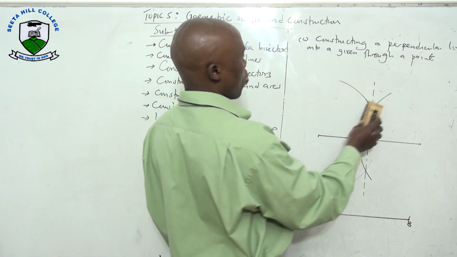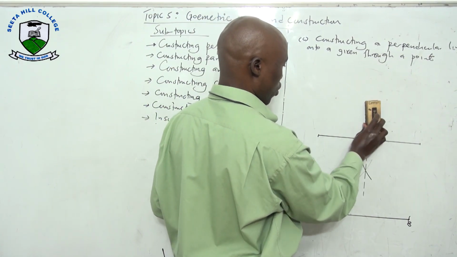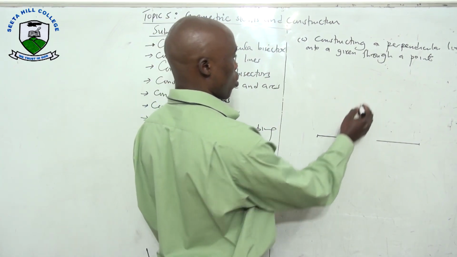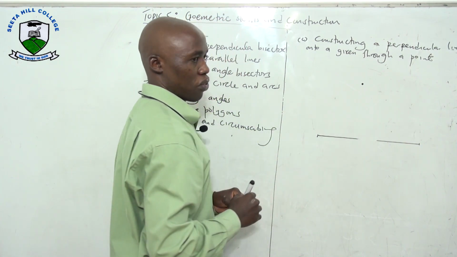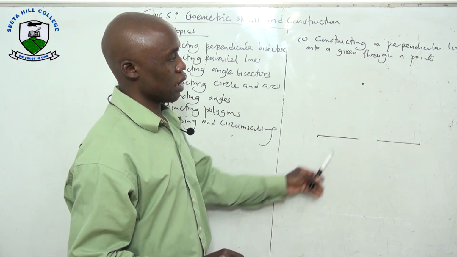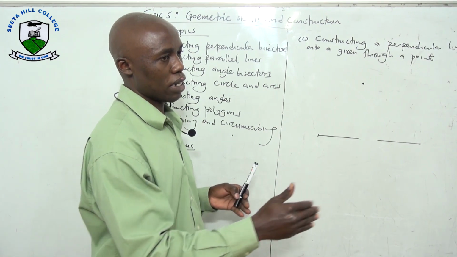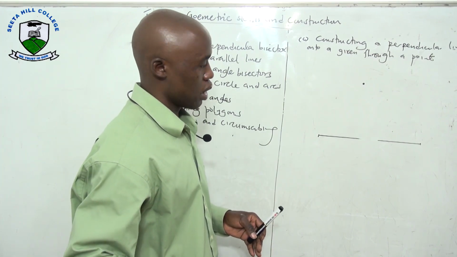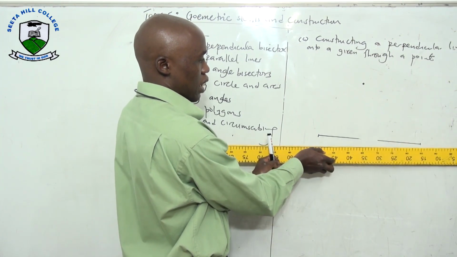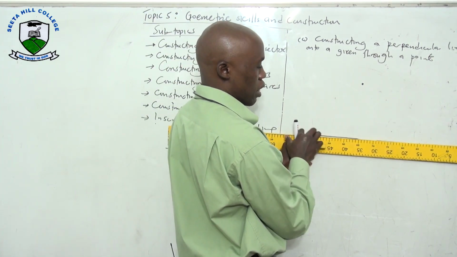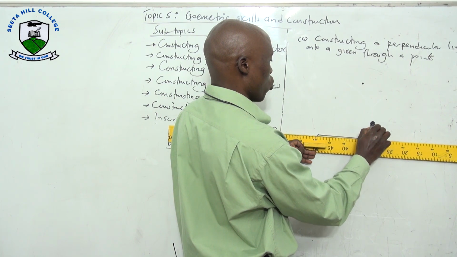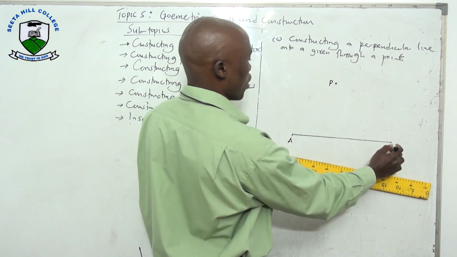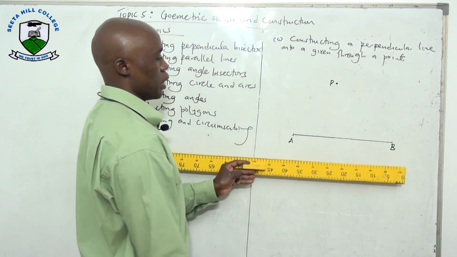Assuming our line is maintained there, we want to draw a perpendicular from there to meet that line, not necessarily bisecting equally, but just meeting it at an angle of 90. How do we achieve that? How do we draw a perpendicular? Construct a perpendicular onto AB from P.